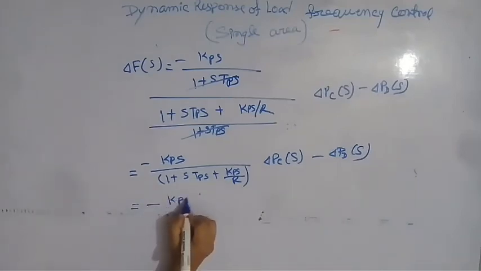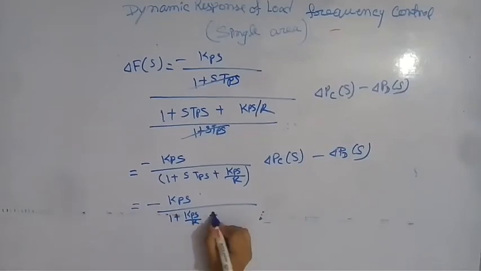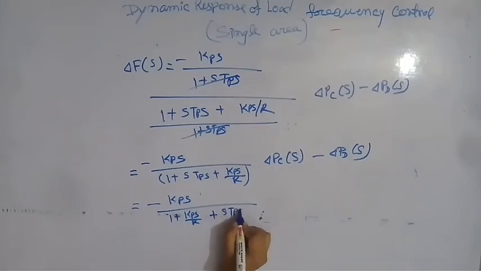Now we can rearrange as 1 plus KPS by R plus STPS.